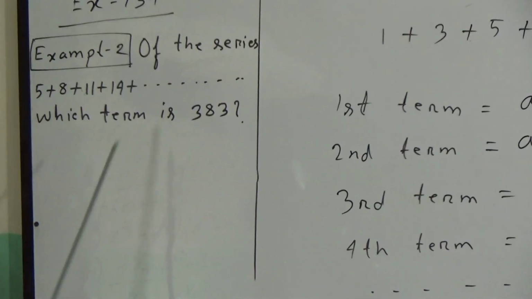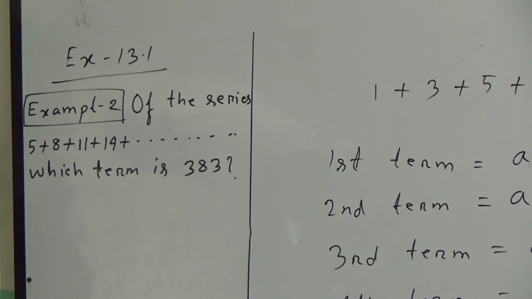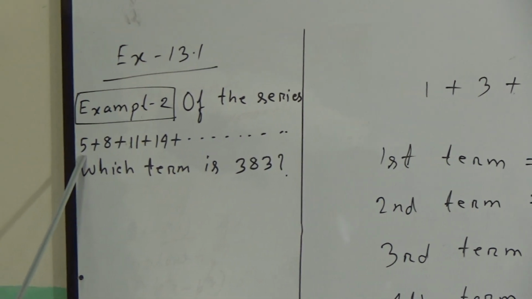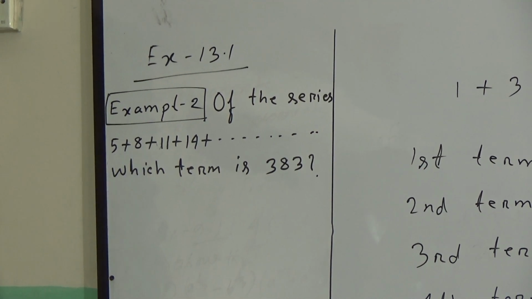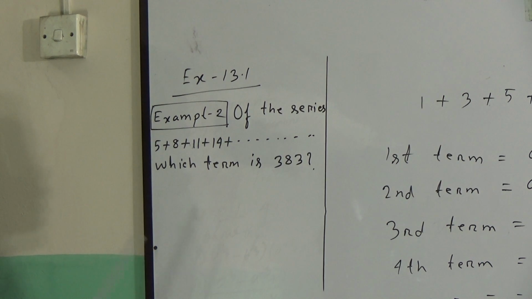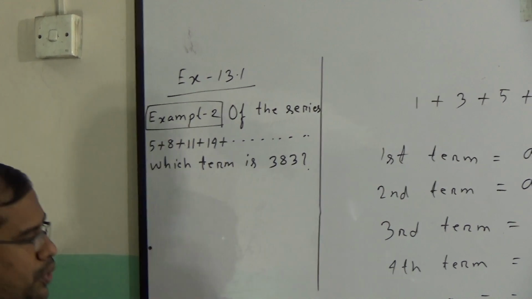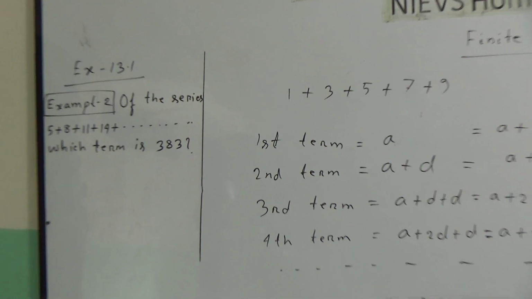We have to find out the order of the term 383. Here the first term is 5 and common difference will be 8 minus 5 equal to 3. That means the first term and common difference are given. So using this formula, we can easily find any term.